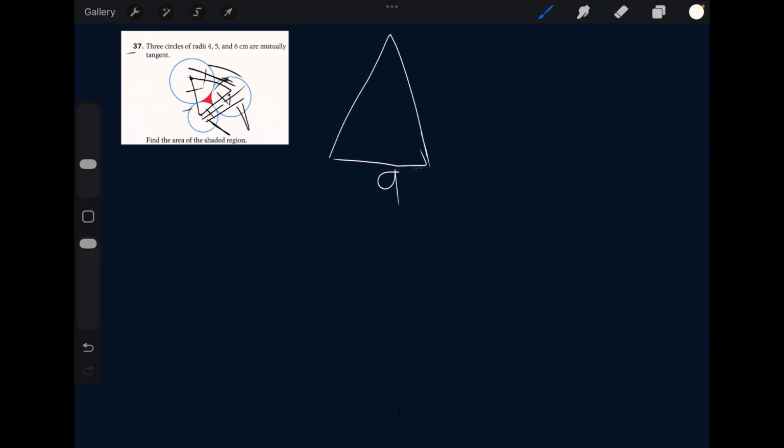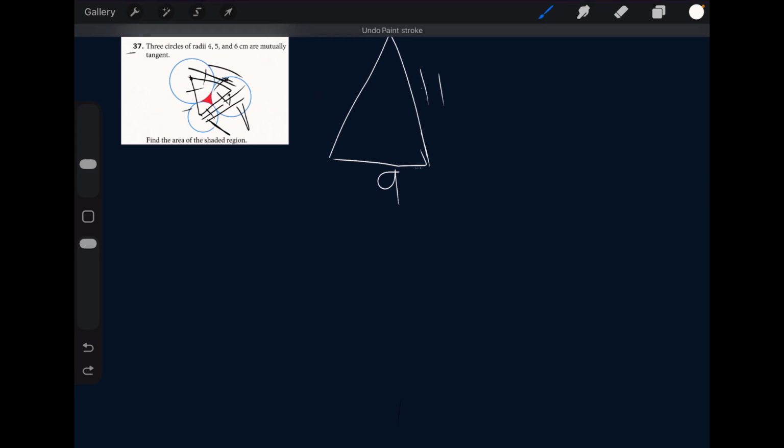This side here is gonna be 5 plus 6, and that'll equal 11. And this side here is gonna equal 4 plus 6, and that'll equal 10.